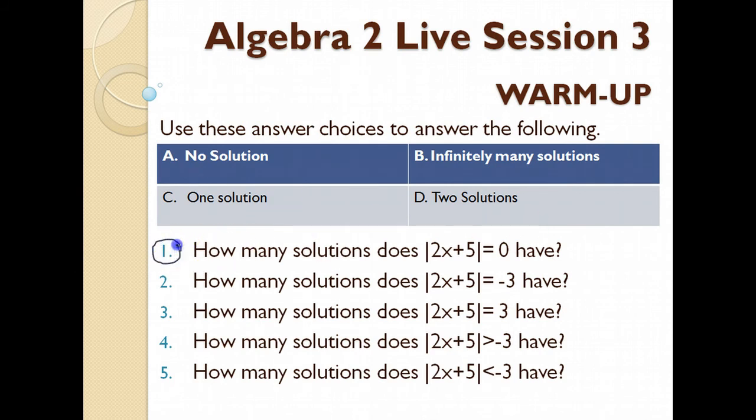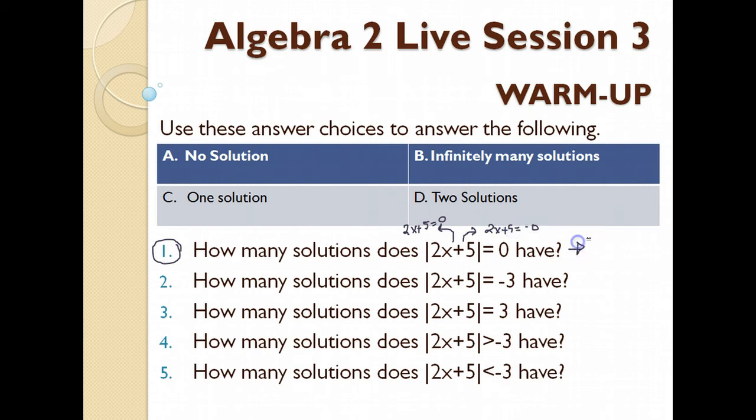For number one, how many solutions does absolute value of 2x plus 5 equal 0? Well, if we try to split this up into two, remember 0 is neither negative nor positive. So 2x plus 5 equals 0, and 2x plus 5 equals negative 0, which is 0.